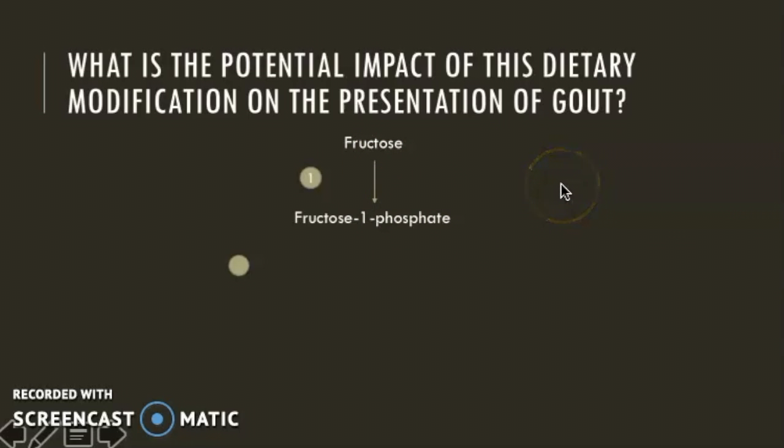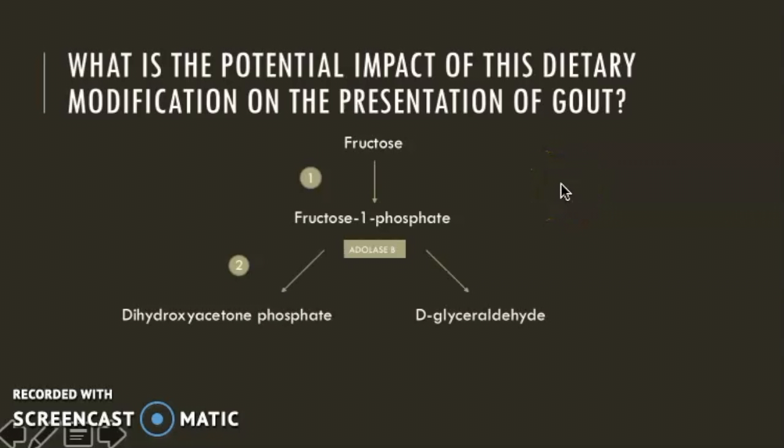Then using the aldolase B enzyme, fructose 1-phosphate is lysed into dihydroxyacetone phosphate and D-glyceraldehyde.